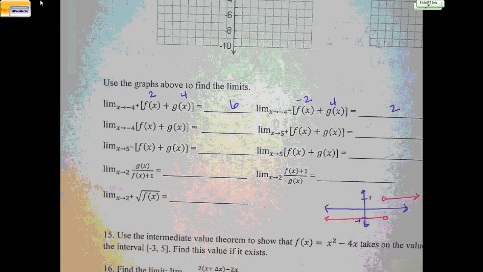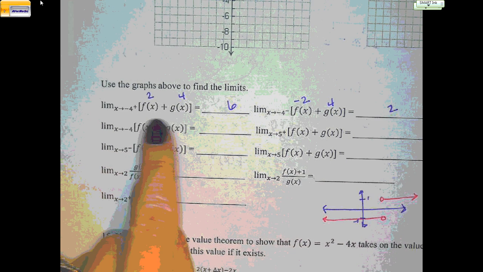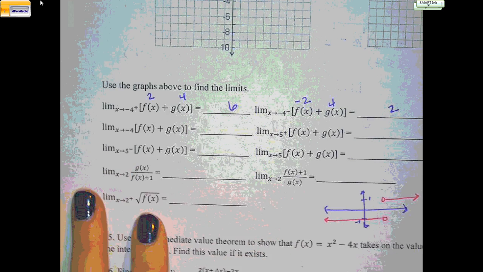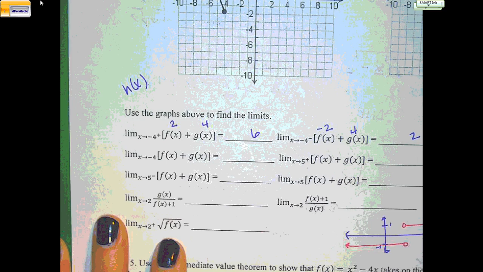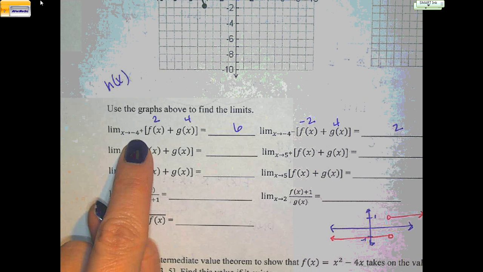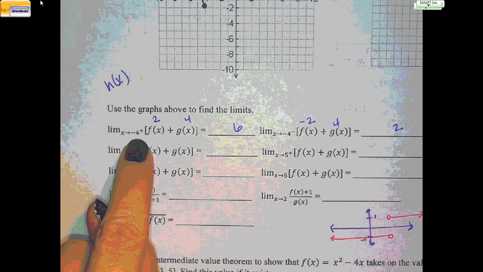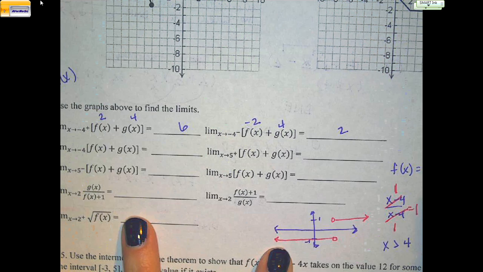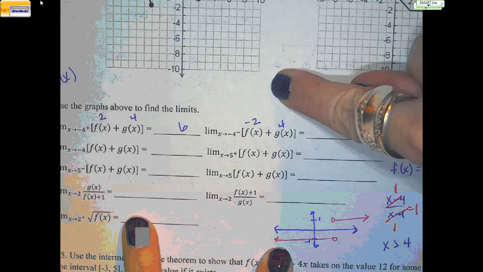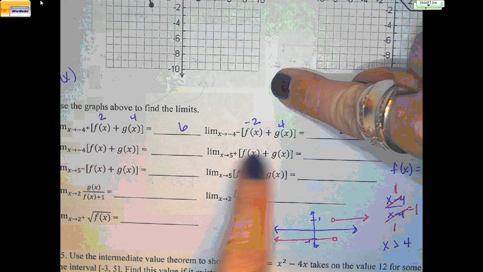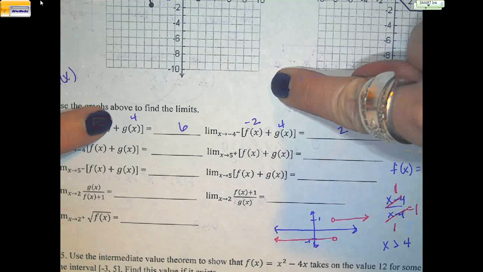Here's what I need you to understand. F of x plus g of x. When you add those together, you are creating a third equation that I'm going to call h of x. So this is asking, what's the limit as we approach -4 from the right for h of x? It's 6. Let's pretend 6 is up here where my finger is. As we approach h of x from the left, we're approaching 2.